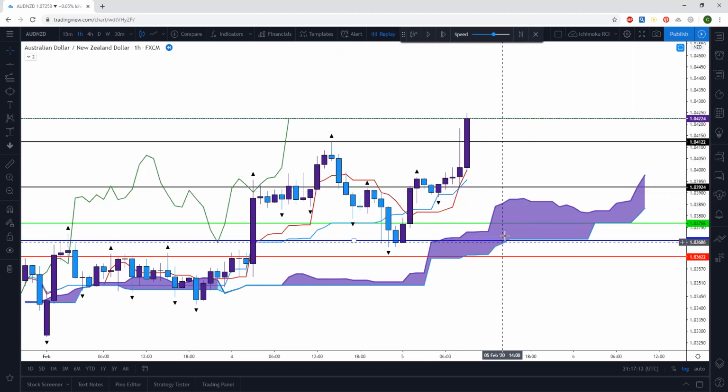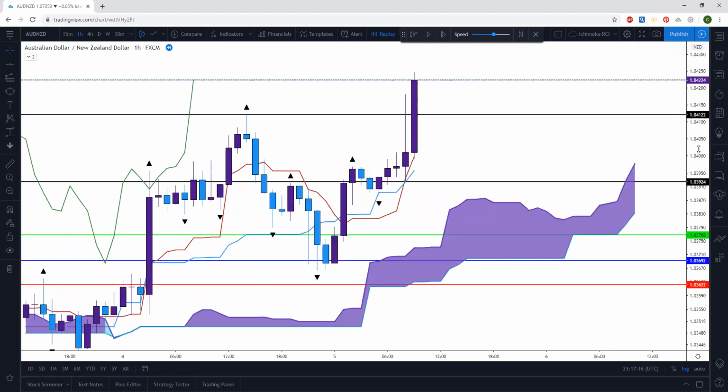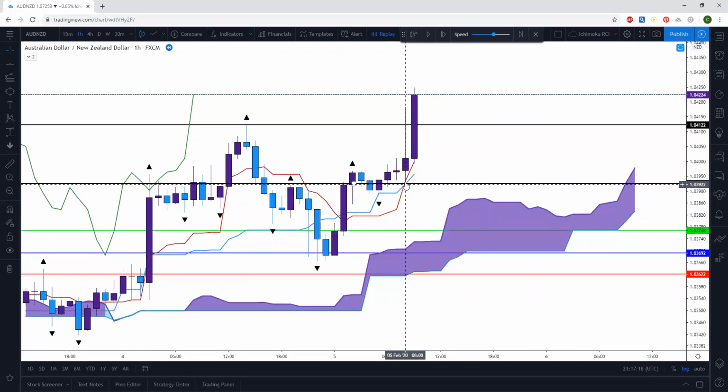So let me let y'all know this because, like I said, there's 6 types of TK crosses, and this is the strongest TK cross that you can get. And this was actually a bullish TK cross, by the way, Jacoby. When you get a bullish TK cross above the cloud, that means it's a strong signal, because you see this angle here.